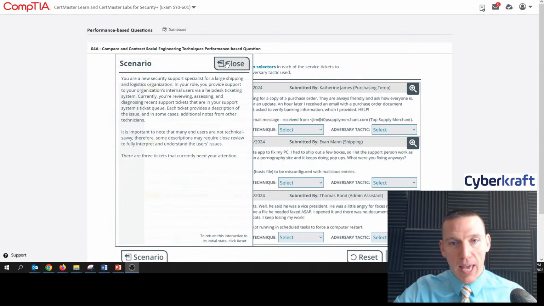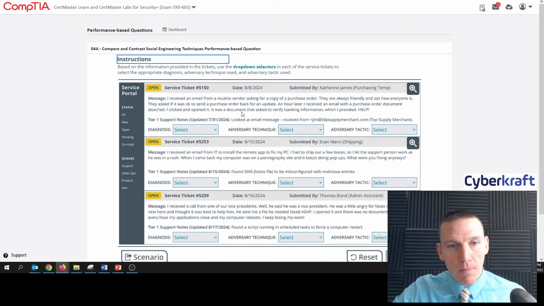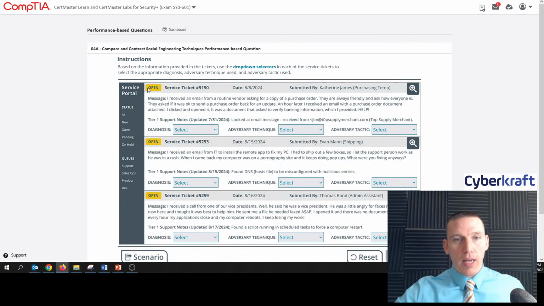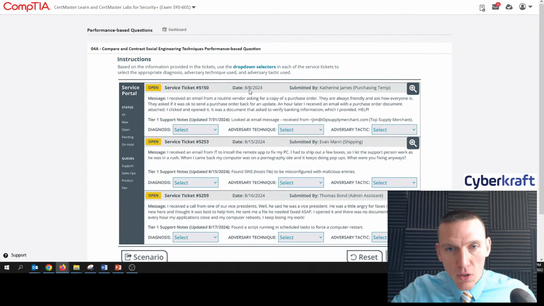So let's take a look at what we have here. All right, so this is designed to look like a service portal. Nothing here is clickable. So this is just an image. And we have 3 service tickets, as it said in the scenario. Open service ticket 5150, 5253, and 5259. Okay, so they're not in order.